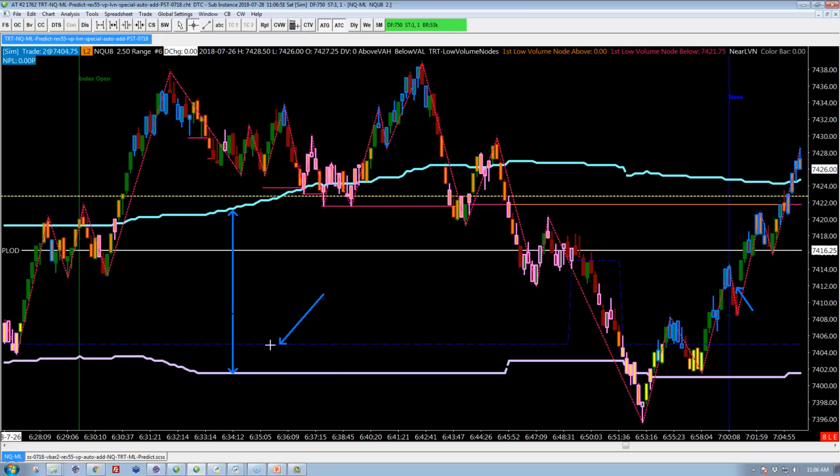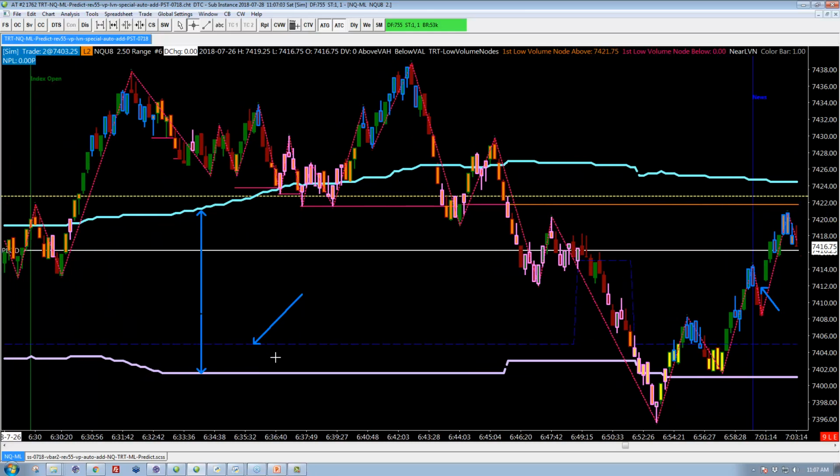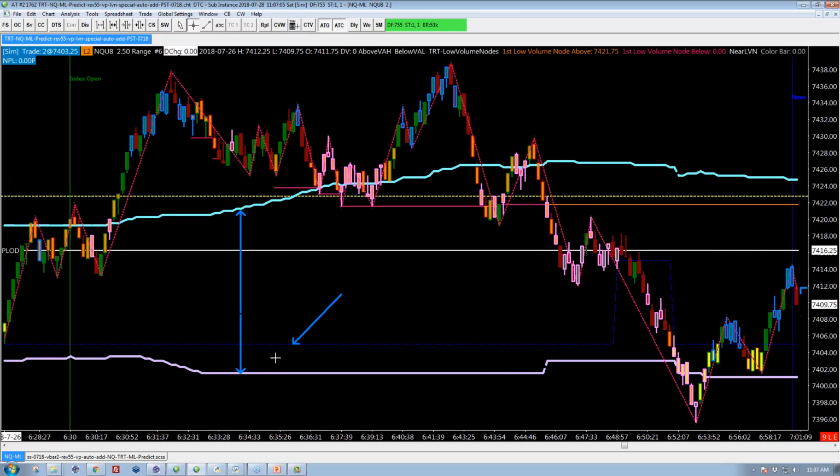What I've done here is taken the machine learning system and said, okay, I'm only interested in areas where there has not been much trading yet. So that's a low volume node, or LVN, and that's represented on screen by these red lines or orange lines.